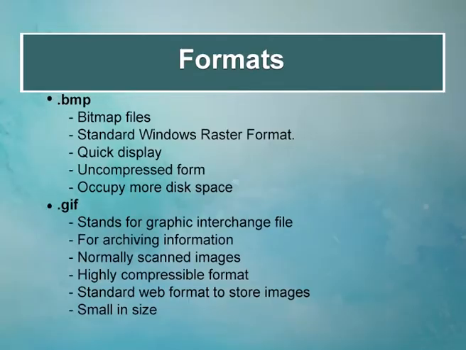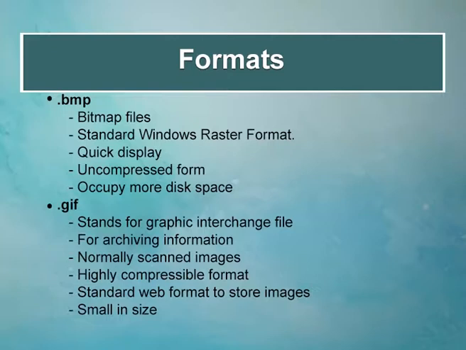Then one by one we watch the formats. Here I had given you .bmp, these are bitmap files, standard Windows raster format, these are heavy in nature, quick display is allowed, but it is an uncompressed form, it does not allow the compression technique to apply, and occupies more disk space.